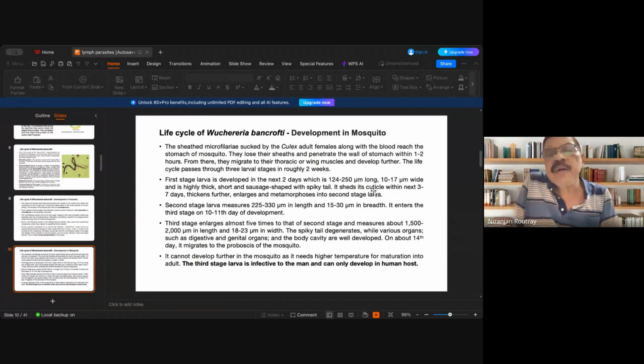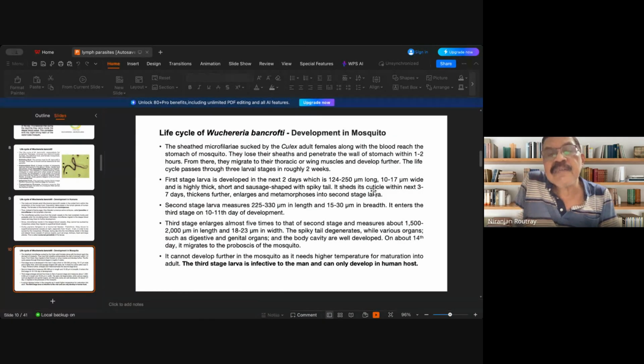The first stage larva develops in the next 2 days, and is 124 to 250 micrometers long. And in the next 3 to 7 days, it thickens further, enlarges, and metamorphoses into the second stage larva. The second stage larva is elongated and with an increased diameter or breadth.